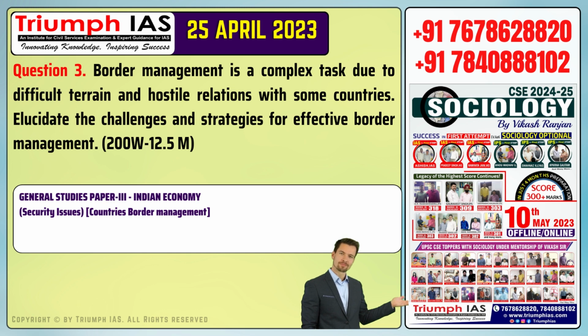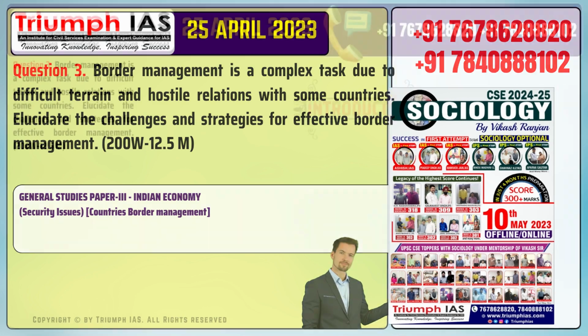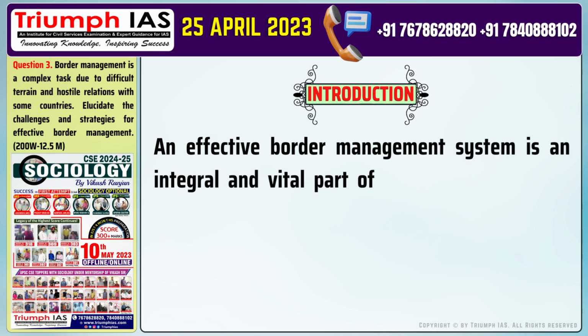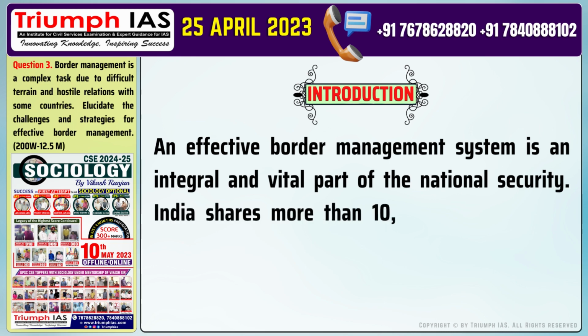Question number 3. Border management is a complex task due to difficult terrain and hostile relations with some countries. Elucidate the challenges and strategies for effective border management. Let's start with the introduction of the answer. An effective border management system is an integral and vital part of national security.